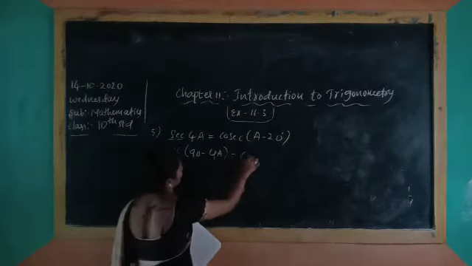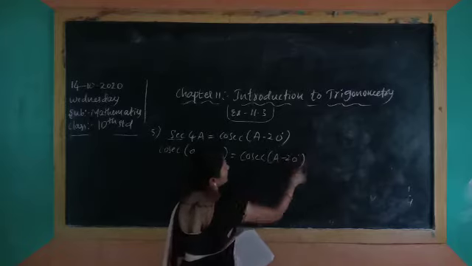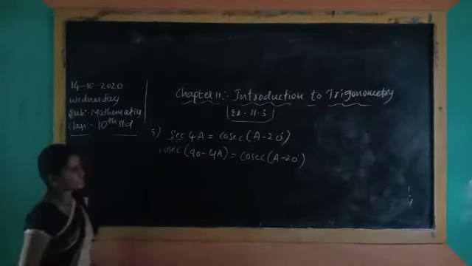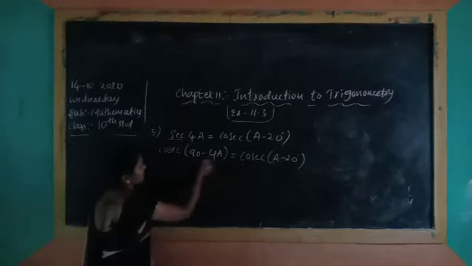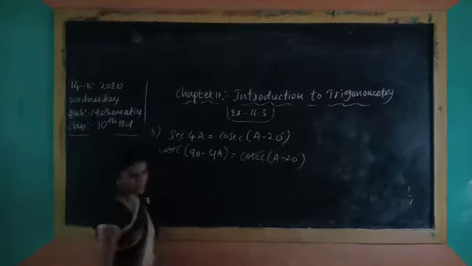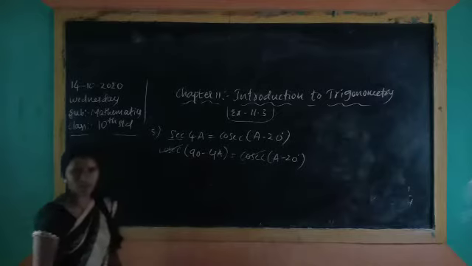Next, cosecant (A minus 20 degrees) I will write as it is. Since cosec is the same on both sides, we cancel both sides.